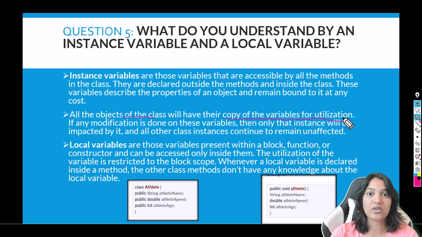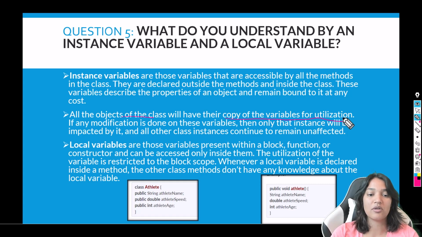If one object changes the values, other objects remain unaffected because they have their own copy. If any modification is done on these variables, only that instance will be impacted, and all the other objects remain unaffected.